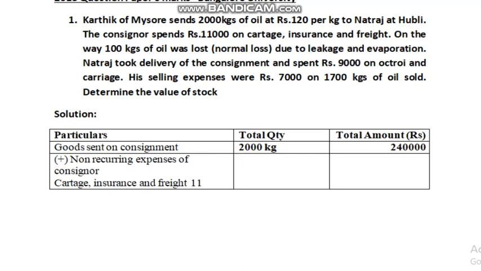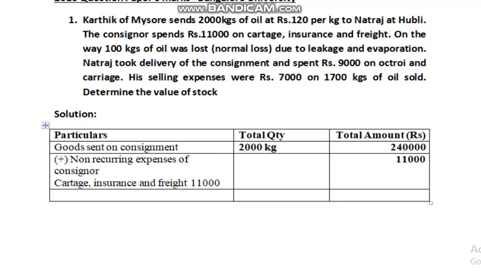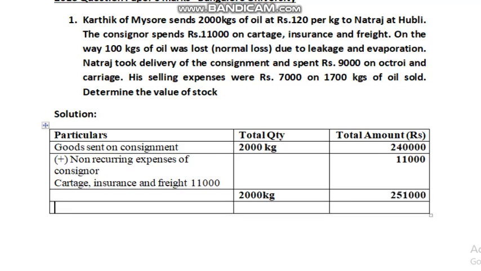How much? 11,000. So add 11,000 rupees. So you will get 2,000 kg and 2,40,000 plus 11,000, that is 2,51,000. Now deduct normal loss.